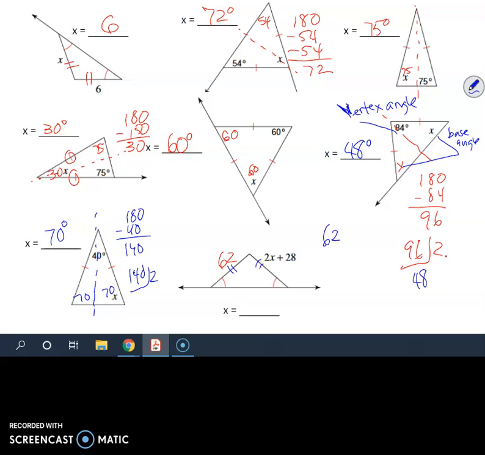So 62 is equal to 2x plus 28. If I subtract 28 from both sides, I will get 34 equals 2x, and divide by 2, so x is 17. Make sure that's right.